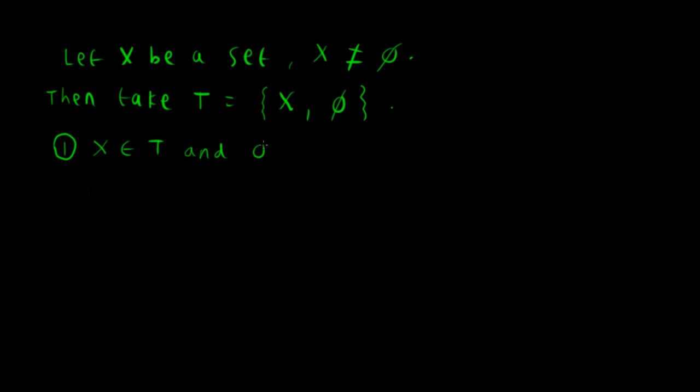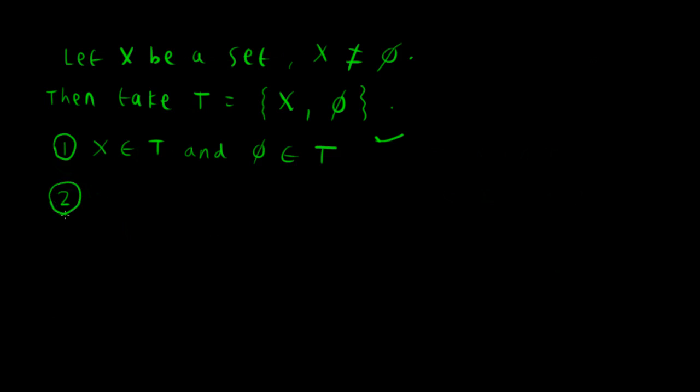And phi belongs to T. Phi, the empty set, yes. So the empty set belongs to T. So X is in T and the empty set is in T. So good, the first condition is met. Okay, so you do have to check this. Sometimes it's obvious, like here. I have explicitly included them, but sometimes it's a bit tricky to see. So you just have to check and make sure. So that's the first condition.